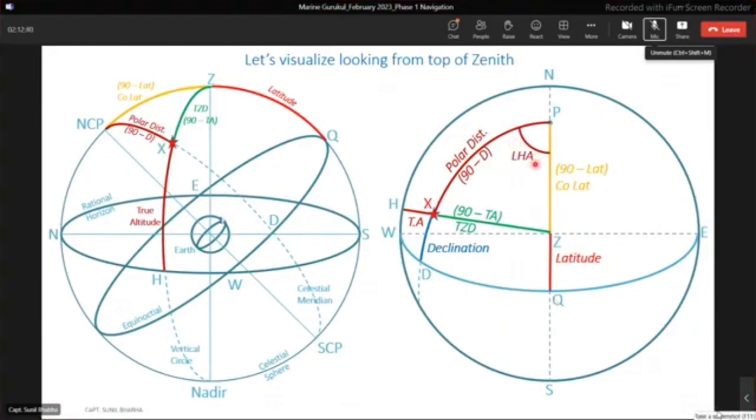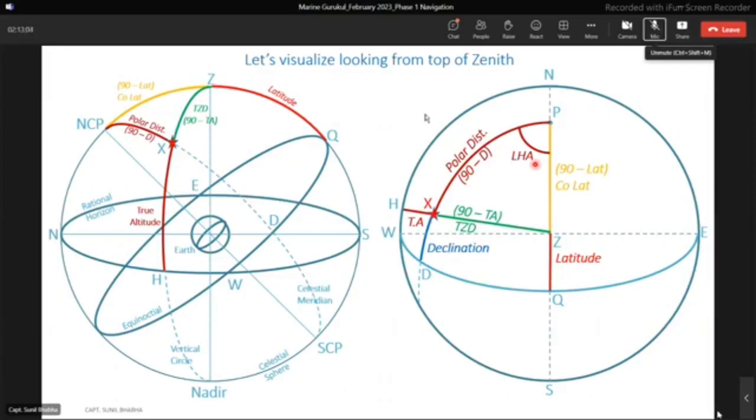Sir, can you repeat the definition once again, please? Yeah, I'll repeat, beta. Angle at the pole contained between the celestial meridian of the observer and the celestial meridian of the body measured westwards. That is the LHA, local hour angle. Okay, sir.